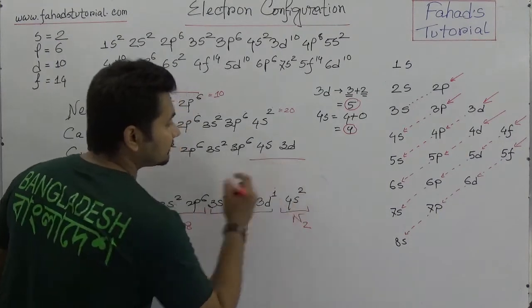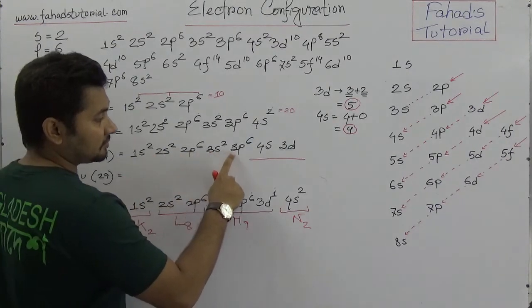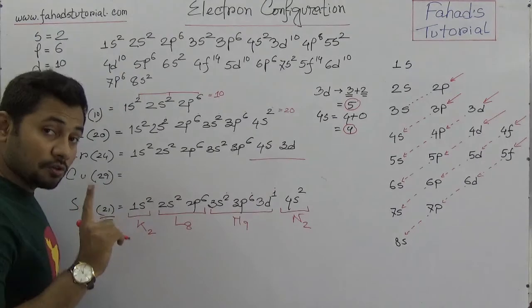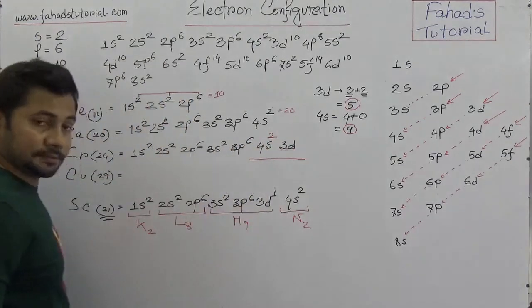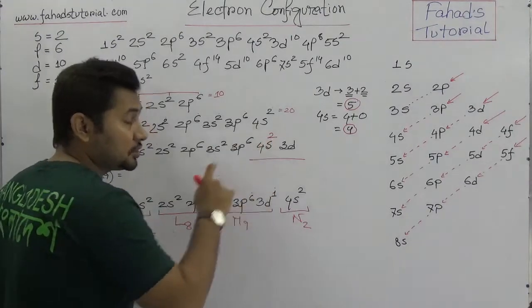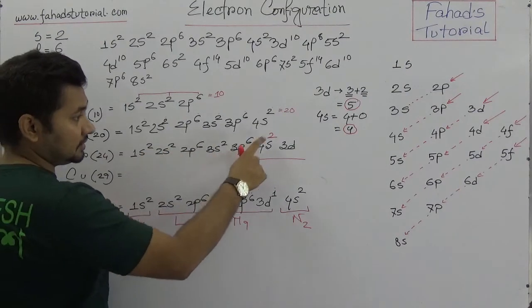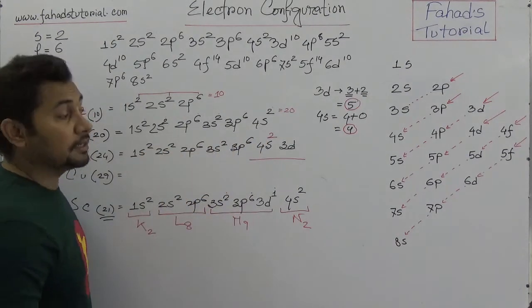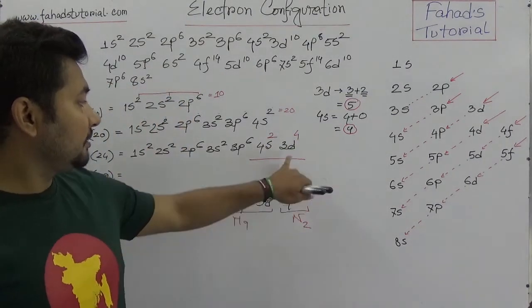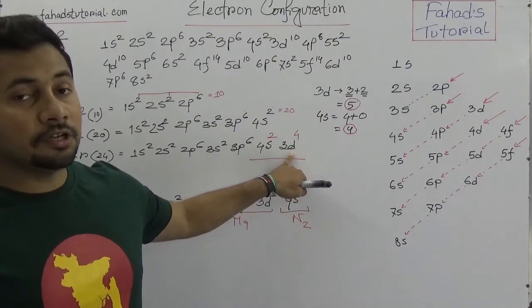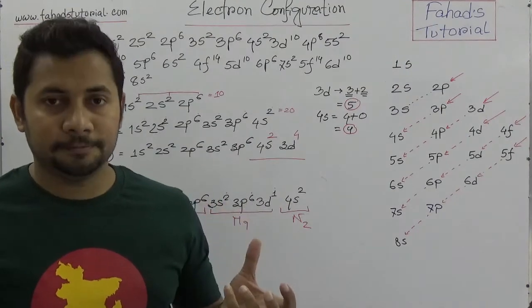We can see 1s2, 2s2, 2p6, 3s2, 3p6, 4s and 3d. According to this rule, the 4s orbital should fill first, and if it is 2, then you see there are some differences: 2 plus 2 plus 6 plus 2 plus 6 and 2 is altogether 20. So there are only 4 electrons left for the 3d orbital, but that's not right, because this electron configuration is not stable.